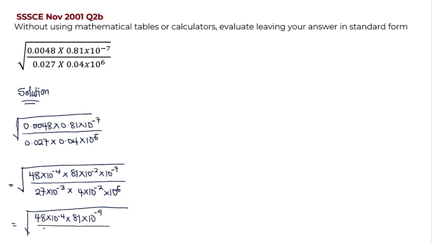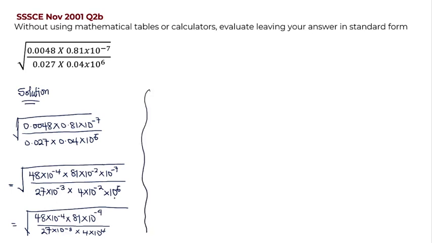all on 27 times 10 raised to the power minus 3 multiplied by 4 times 10 raised to the power, this is minus 2, this is positive 6. If we add the two of them, we are going to get 4 over here.